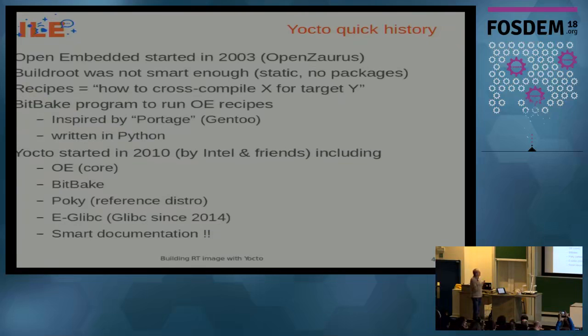The recipe is how to cross-compile X for a target Y. And there is a tool named BitBake, which is kind of like Make, much better than Make, but it's quite the same thing, to run Open Embedded recipes. It was inspired by Portage from Gentoo and written in Python.